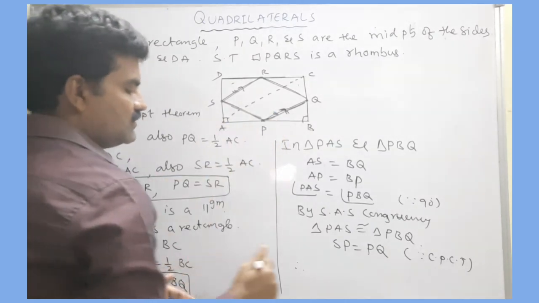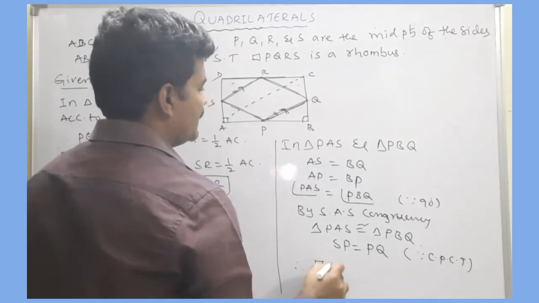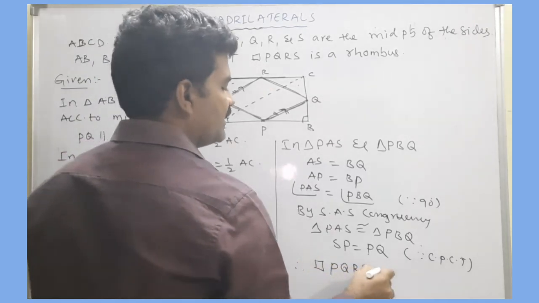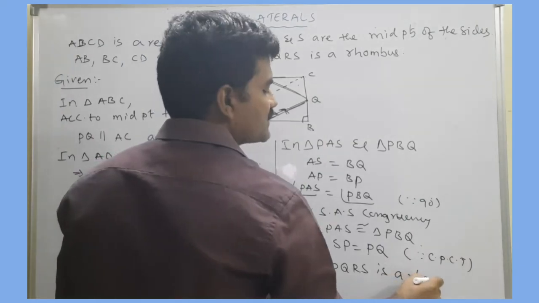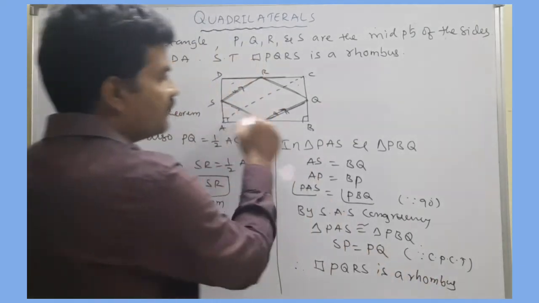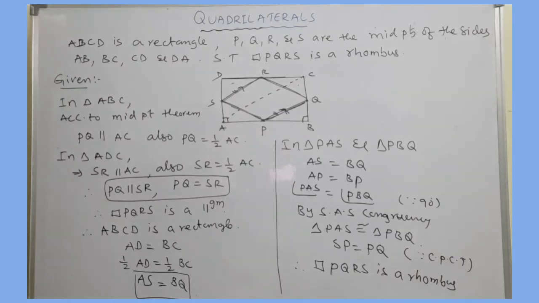So quadrilateral PQRS is a rhombus, where all four sides are equal, opposite sides are parallel, and the angle between any two adjacent sides is not a right angle. Which is a very important standard result.